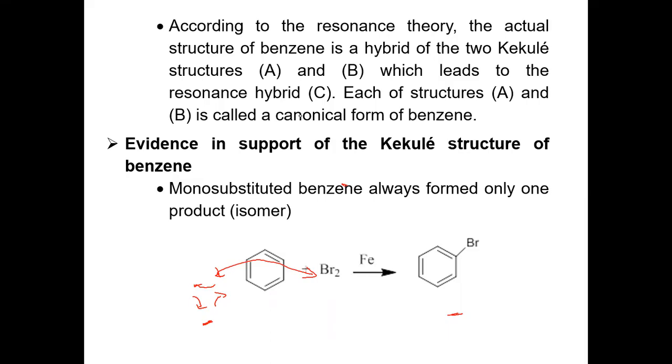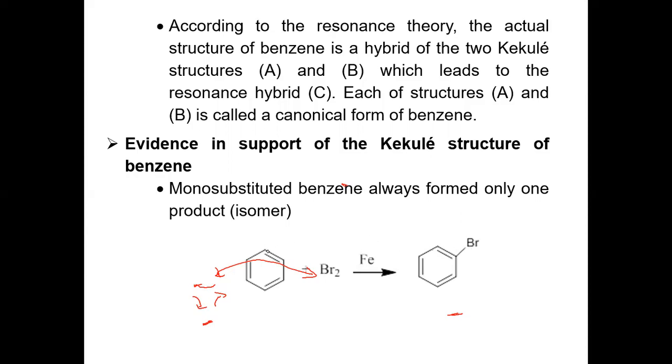Now, evidence that supports the Hückel structure. We are saying that monosubstituted benzene always gave one product. If you add bromine in the presence of iron to benzene, we always get one product. Now, getting one product, which is not even an addition product but a substitution product, gave us an idea that if there were any other substitution on the benzene ring, at different points of bromine being added, we would have had different products.